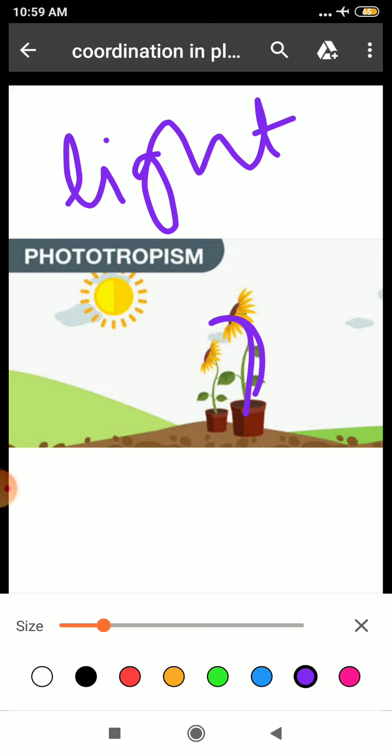If the sun would be here, then this plant would move in this direction. You might have observed that wherever a sunflower is, its direction is always towards the sun. Clear?